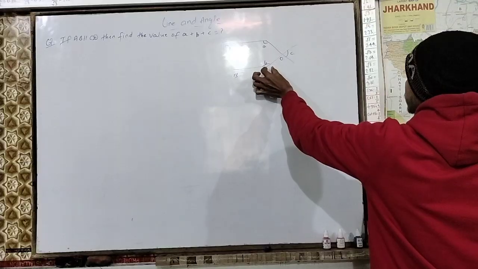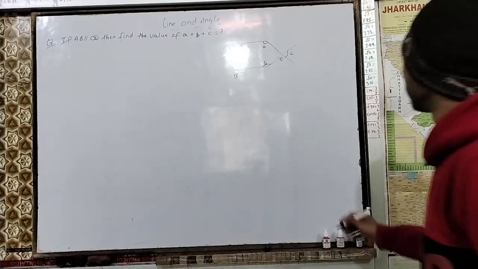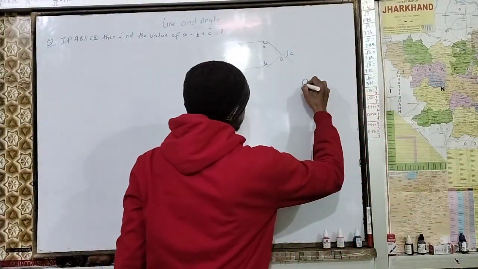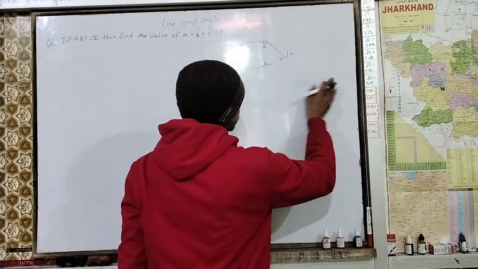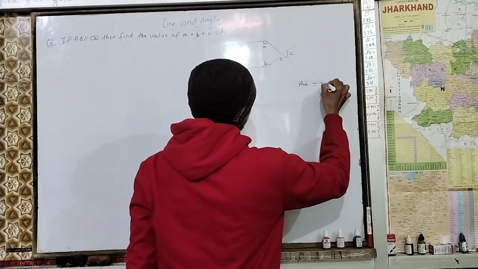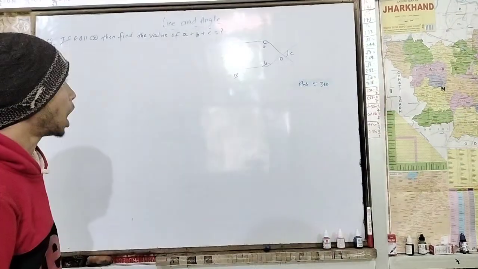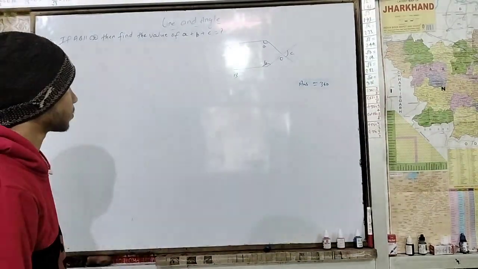This angle, this angle and this angle. The answer is 360, but how? I want to say how it will come.